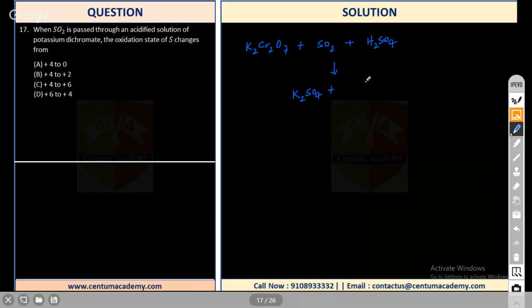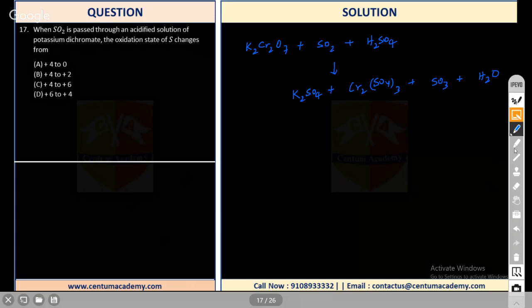K2SO4 plus Cr2(SO4)3 plus SO3 plus H2O. This is the product we get. So change in oxidation number is what?